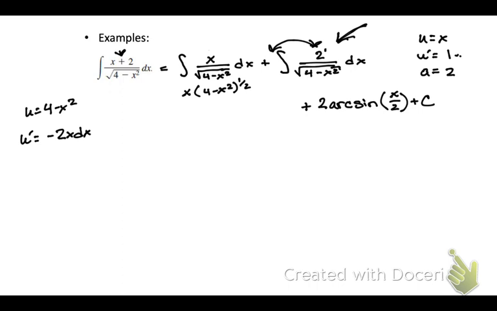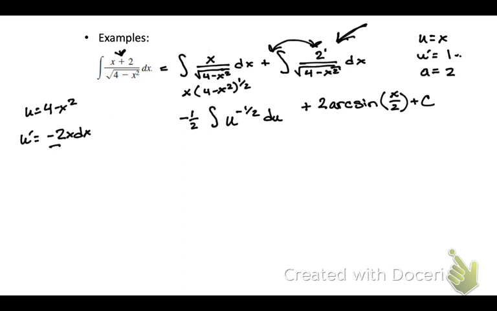So then we would have negative 1/2 to get rid of the negative 2, right? Yeah. The integral of u to the negative 1/2 du. I forgot my du, didn't I?